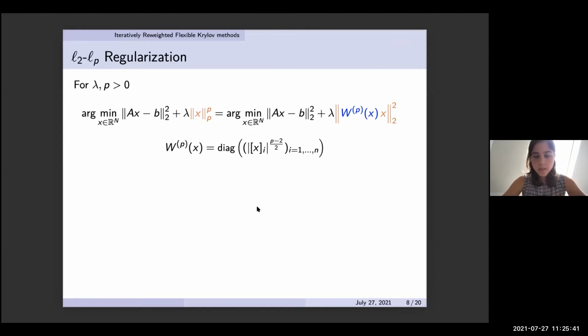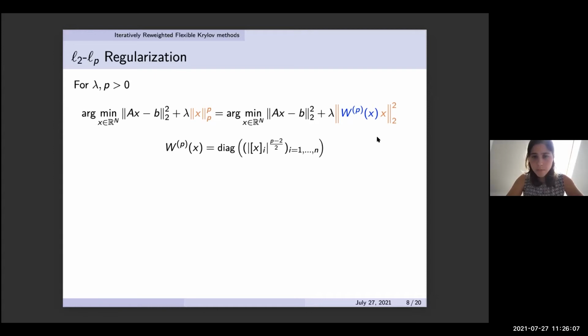So let's assume we know how to do this. Easy, but you can probably tell that something might go wrong just looking at this. I've already told you that I'm looking for sparse solutions, so solutions that have a lot of zeros, and p is 1 or smaller than 1. If I think about things that have a lot of zeros here and p is 1, this will basically explode.